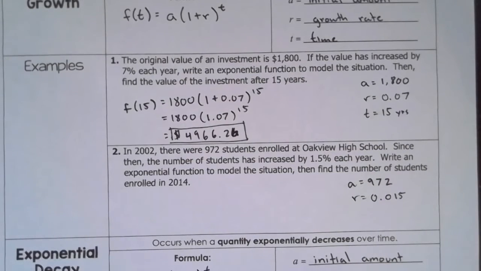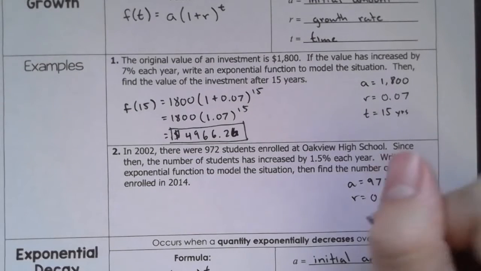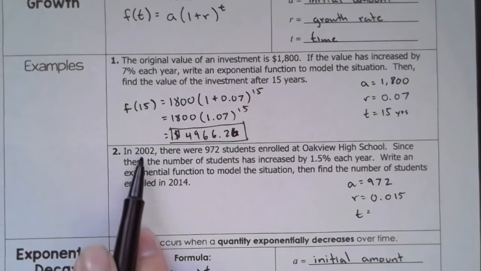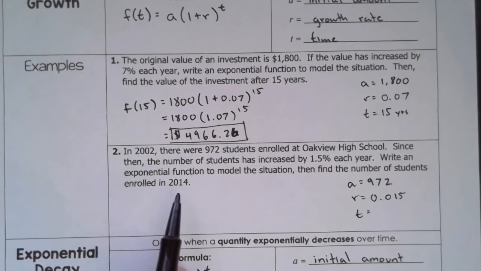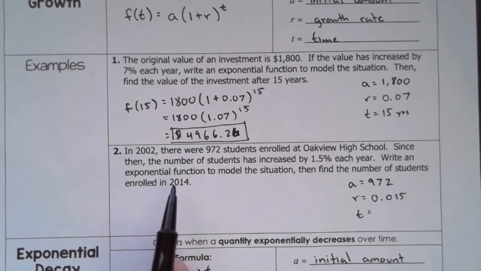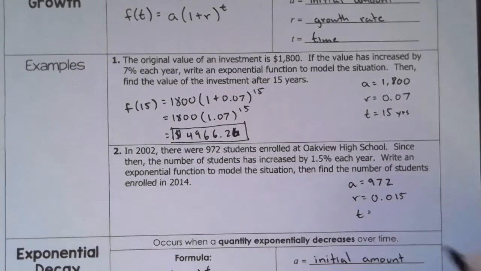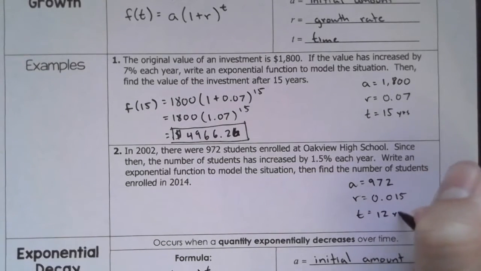That would be 1.5%. And then it says write an exponential function to model the situation, then find the number of students enrolled in 2014. So T, we have to think. They tell us the initial amount at 2002, and they tell us that they want to know what's the total number at 2014. So 12 years has passed. So T is 12 years.